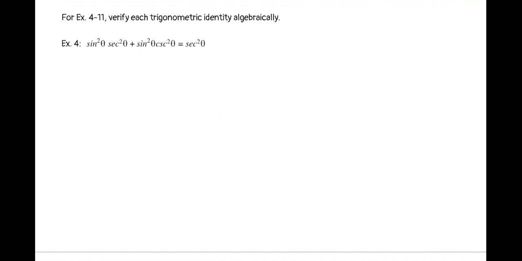All right, so we've got sine squared theta secant squared theta plus sine squared theta cosecant squared theta equals secant squared theta. Which one of these is the more complicated side?